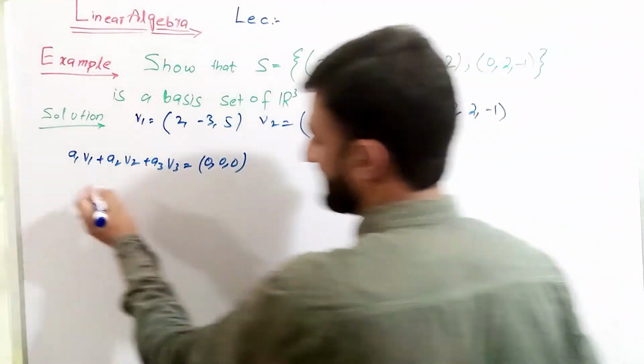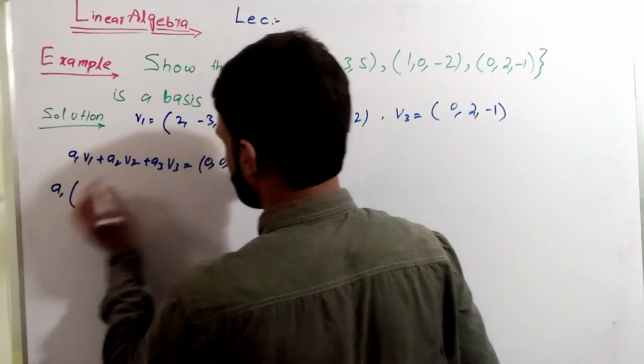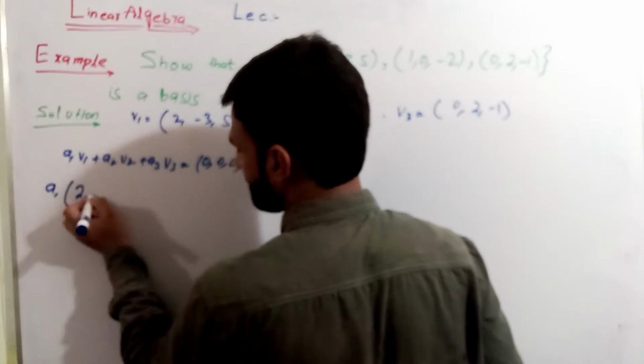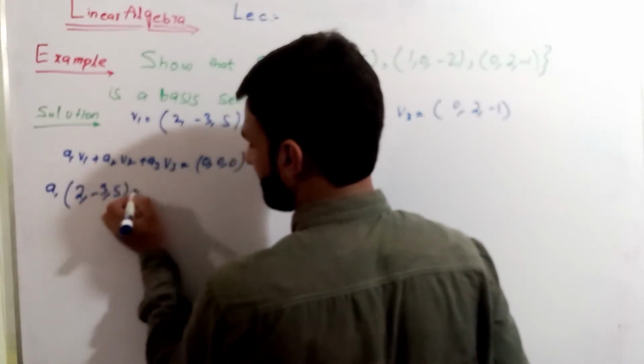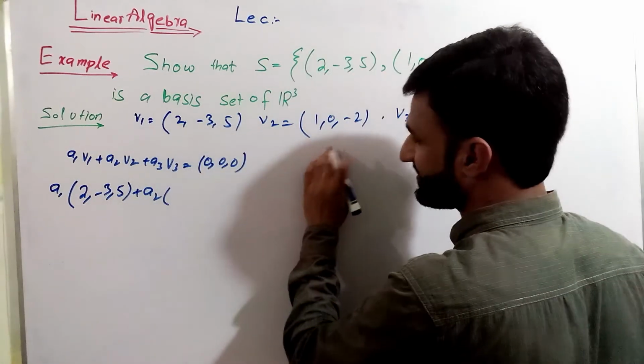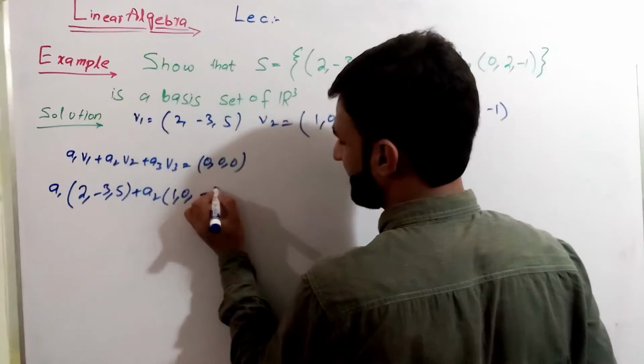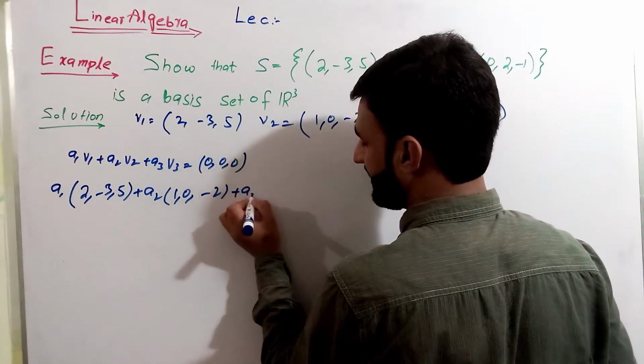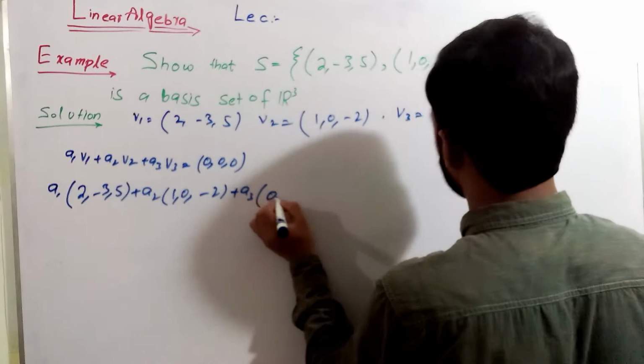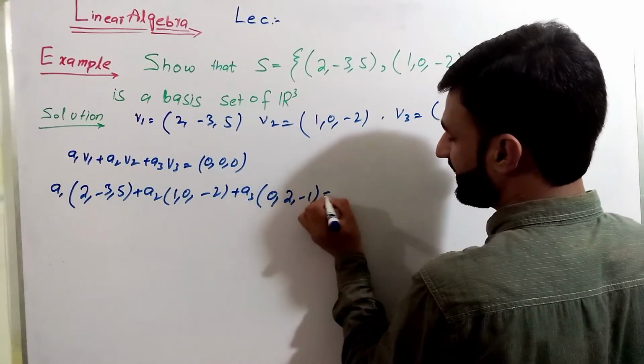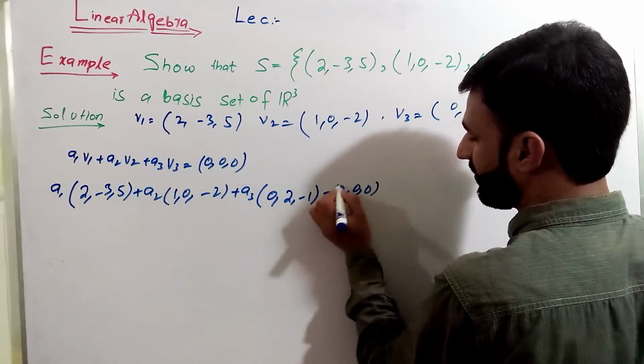Now we put the vectors in this equation: a1 times (2, -3, 5) plus a2 times (1, 0, -2) plus a3 times (0, 2, -1) is equal to (0, 0, 0), right?